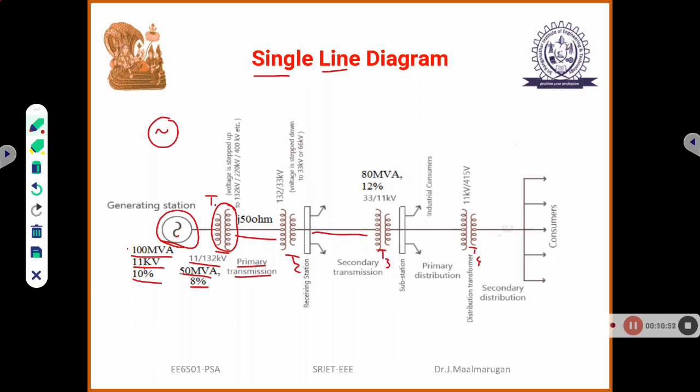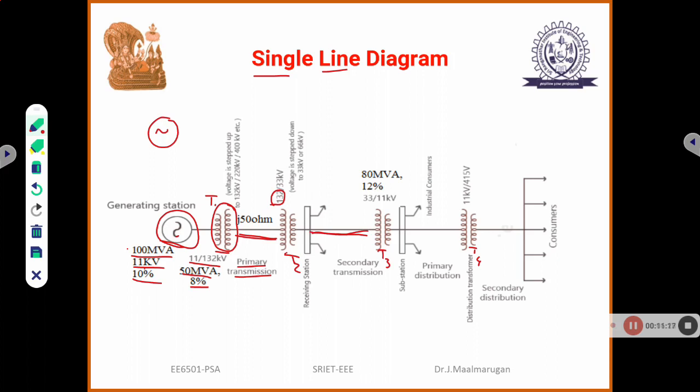Here 132 kV is transmitted to that particular receiving station, the distribution transformer. Here 132 kV is received and stepped down to 33 kV. Are you clear? Stepped down to 33 kV. Again the 33 kV is transmitted through this transmission line.